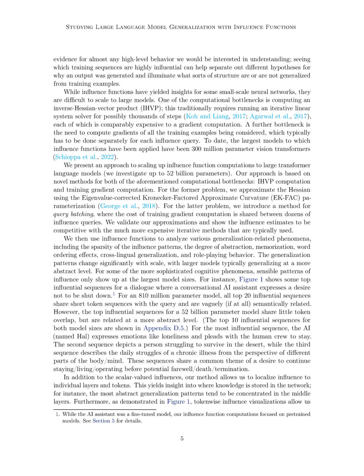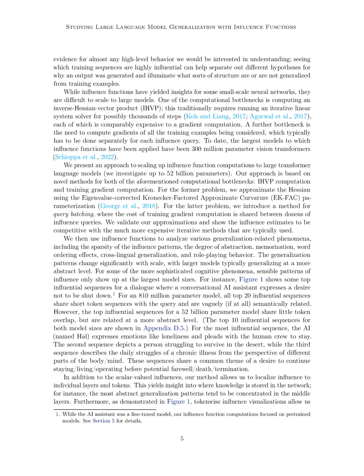We present a new approach that scales up influence function computations for large transformer language models, including those with up to 52 billion parameters. We have developed novel methods to tackle the computational challenges of IHVP and training gradient computation, using techniques called Eigenvalue-corrected Kronecker-Factored approximate curvature, EK-FAC, and query batching.